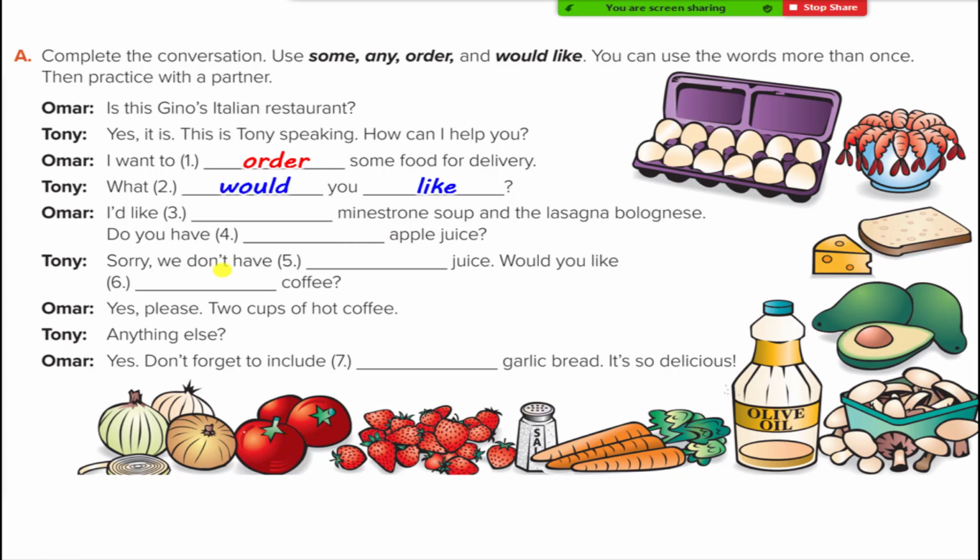Do you have any apple juice? Any, yes. Sorry, we don't have any juice. Would you like some coffee? Yes, please. 2 cups of hot coffee. Anything else? Yes. Don't forget to include some glazed bread. It is so delicious. Okay, thank you, Yusuf and Iyad.